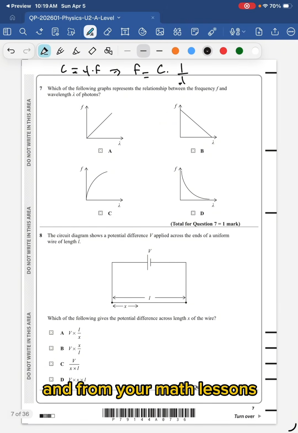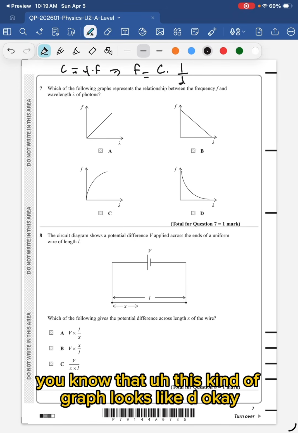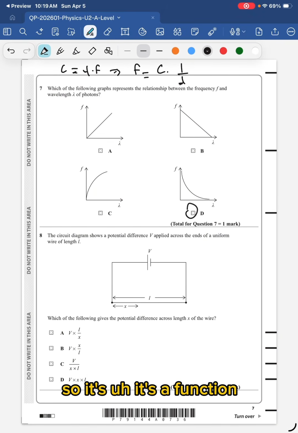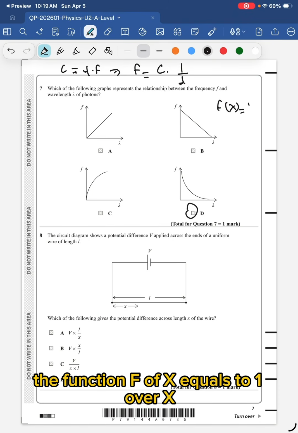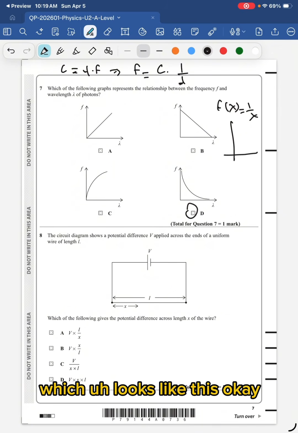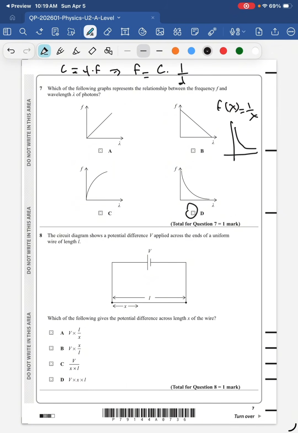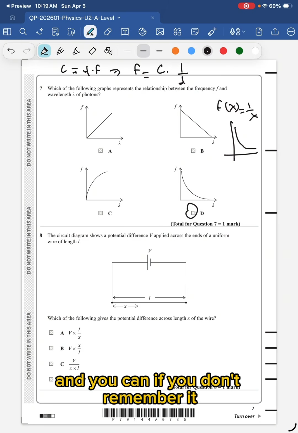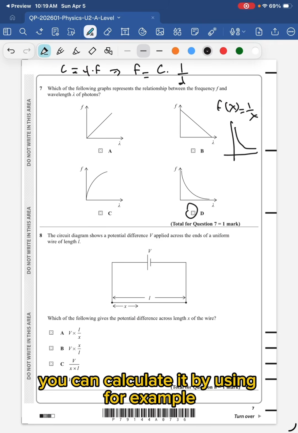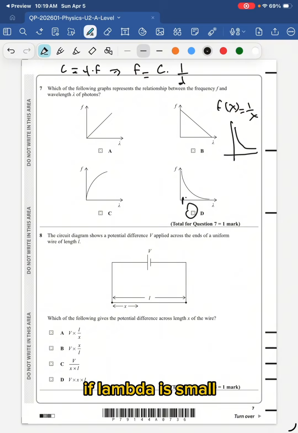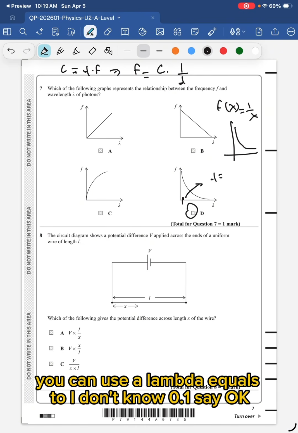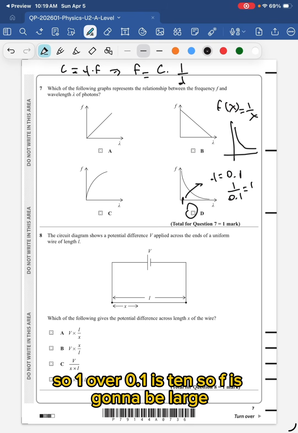And from your math lessons, you know that this kind of graph looks like D. So it's the function f of x equals 1 over x, which looks like this. If you don't remember it, you can calculate it. For example, if lambda is small, say 0.1, then 1 over 0.1 is 10, so f is going to be large.